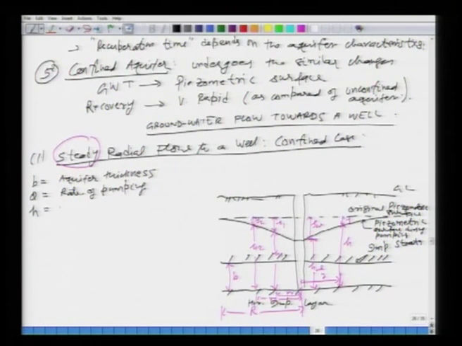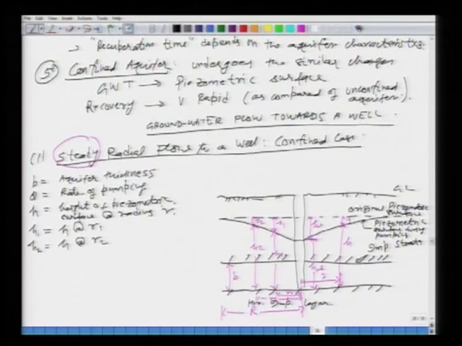H is a general height of the piezometric surface at radius R, any general radius R. Okay. And then H1 is what? Is the height of your piezometric surface H at R1. H2 is equal to H at radial distance R2, the way we have defined in the figure, right.